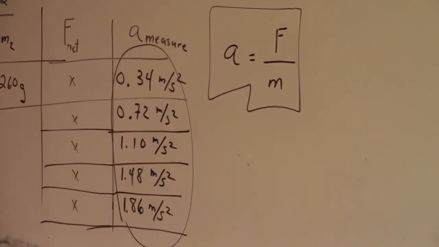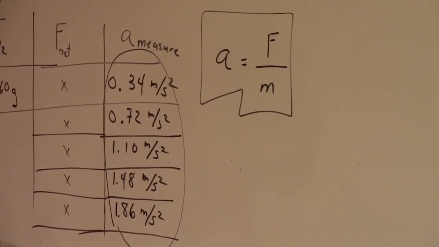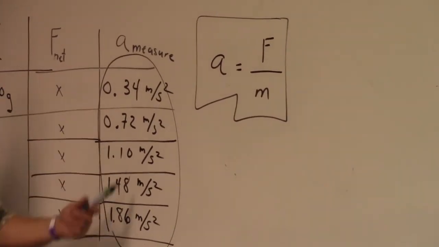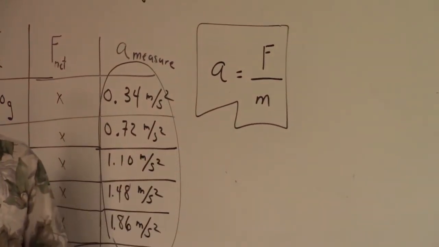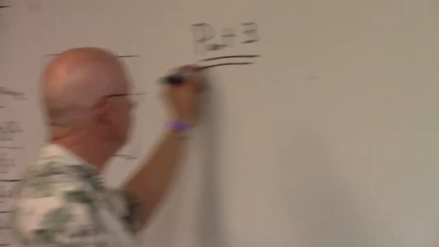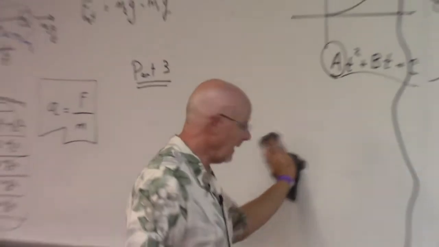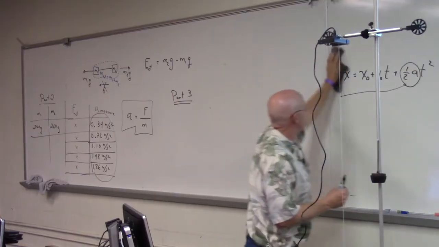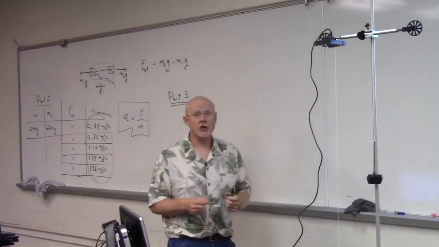All right. Now, what I'm going to have you do, but I'll wait until after I collect the other data, is plot this with graphical analysis and see if it follows this pattern. But before I do that, you do a calculation and I'll do some measurements here, and let's collect some data where instead of changing the net force, we'll change the mass.